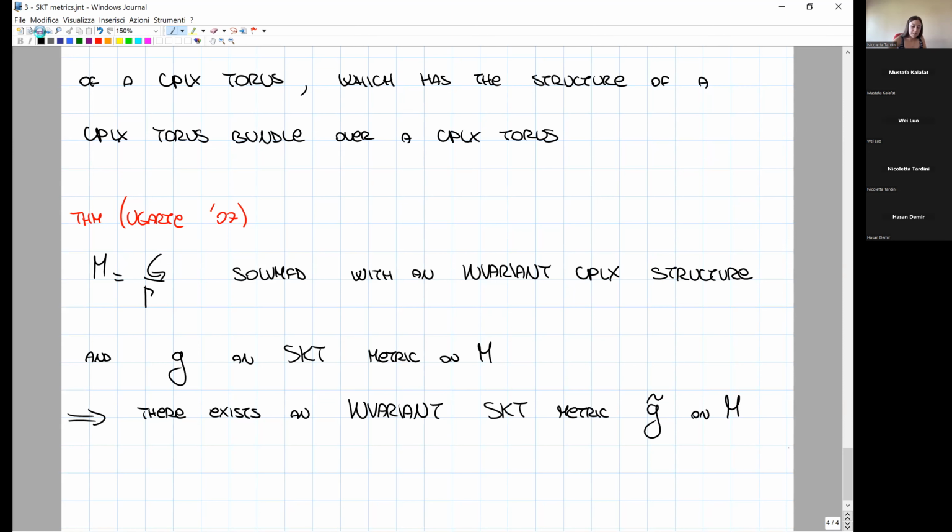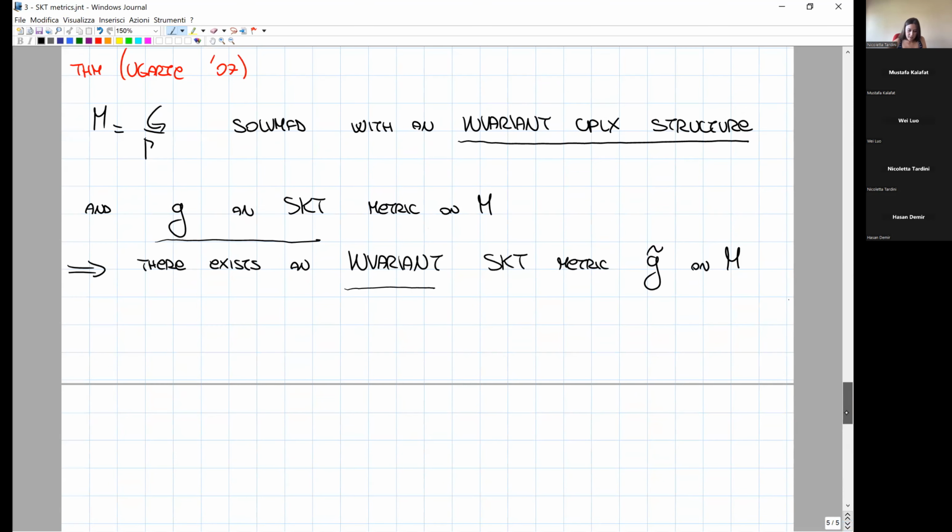So somehow what I'm saying is that if you have an invariant complex structure, it's not a strong assumption to assume that also the metric is invariant. The SKT metric is invariant, because if g is just an arbitrary SKT metric, then there exists an invariant SKT metric, okay? And so let me briefly tell you the idea of the proof of this result. So what is the idea?